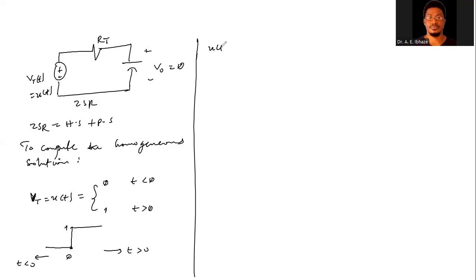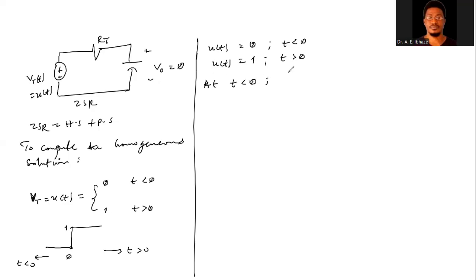U of t is equal to 0 for t less than 0, and U of t is equal to 1 for t greater than 0. Okay? So we will now evaluate the homogeneous solution at U of t equal to 0, and then the particular solution at U of t equal to 1.